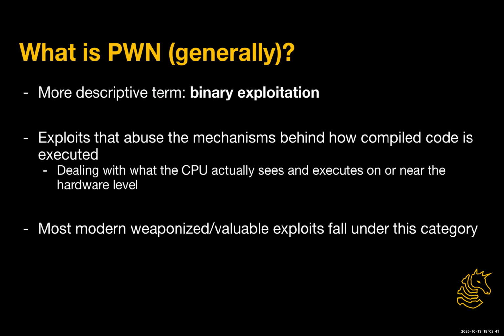So to discuss PWN generally, yesterday was PWN 1, so you might have already seen this, but in general, it's binary exploitation, which are exploits that abuse the mechanisms behind how compiled code is executed and deals with what the CPU actually sees or executes on or near the hardware level. Most modern exploits tend to fall into this category.